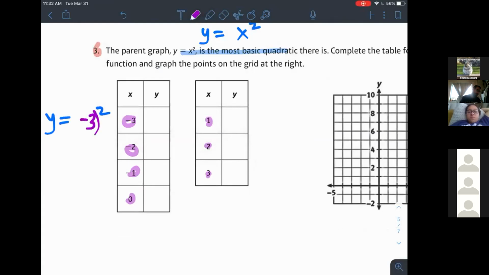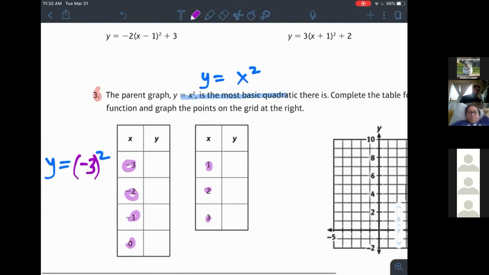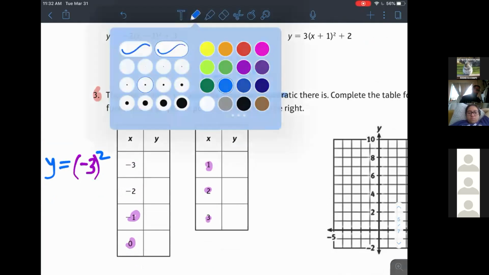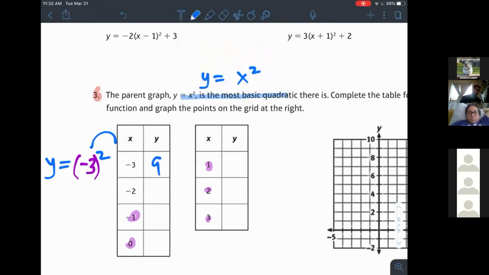So we're gonna take that -3 and square it, and -3 times -3 is 9. So let me do this in blue. When x is -3, we substituted in for x the -3 there, and then we squared it, meaning multiplied it by itself. -3 times -3 is 9.